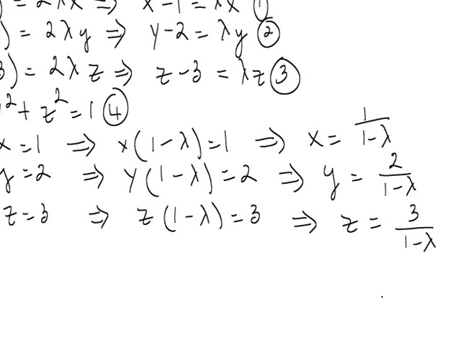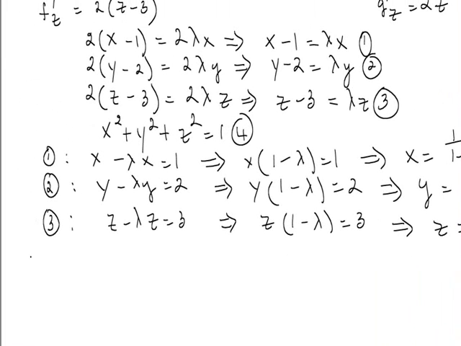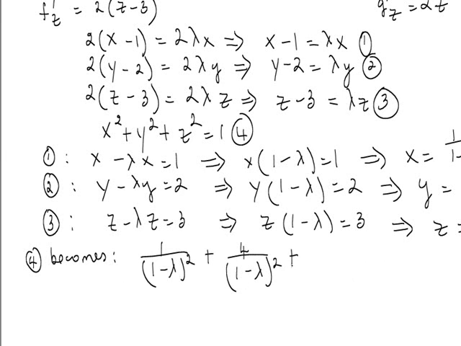So take these three values we just got and put them into 4. So therefore, we'll only have an equation with lambda. So 4 becomes x squared, that's 1 over 1 minus lambda squared, plus y squared, 4 over 1 minus lambda squared, plus z squared, 9 over 1 minus lambda squared, equals 1. Any questions?